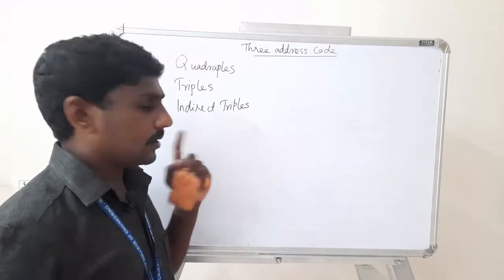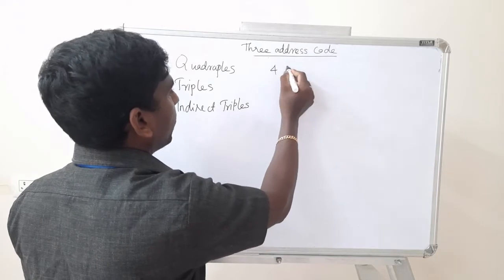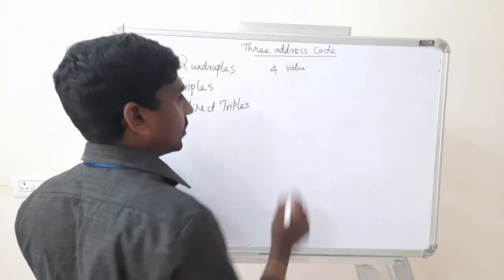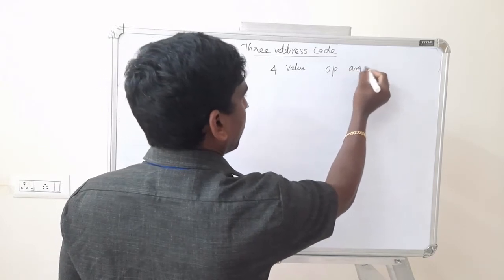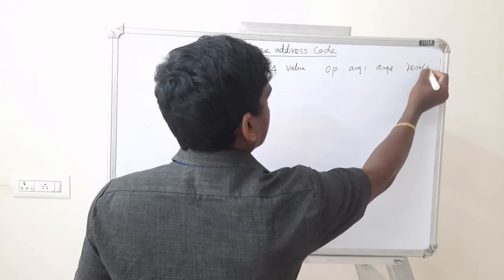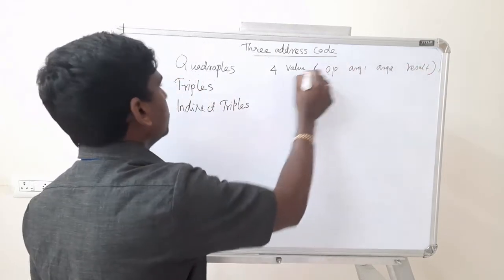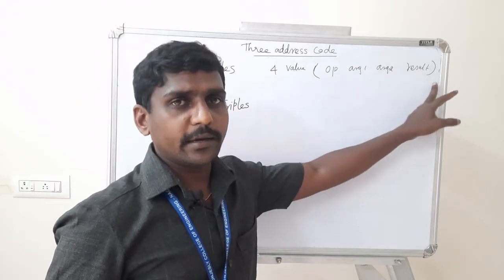So these 3 have some format. Quadruples have 4 parameters, that is operator, argument 1, argument 2 and result.